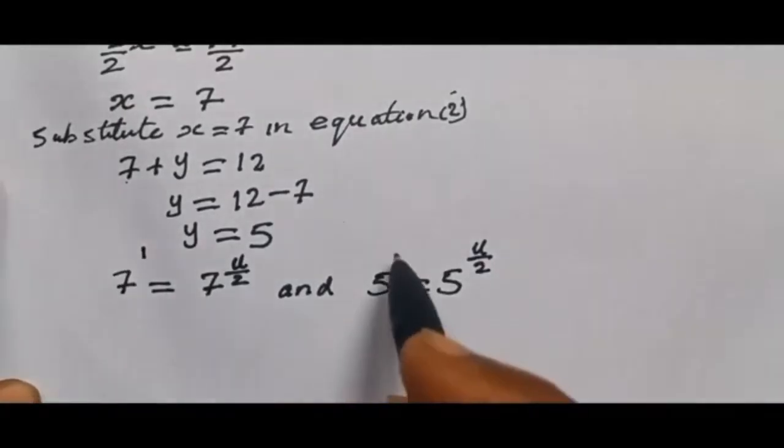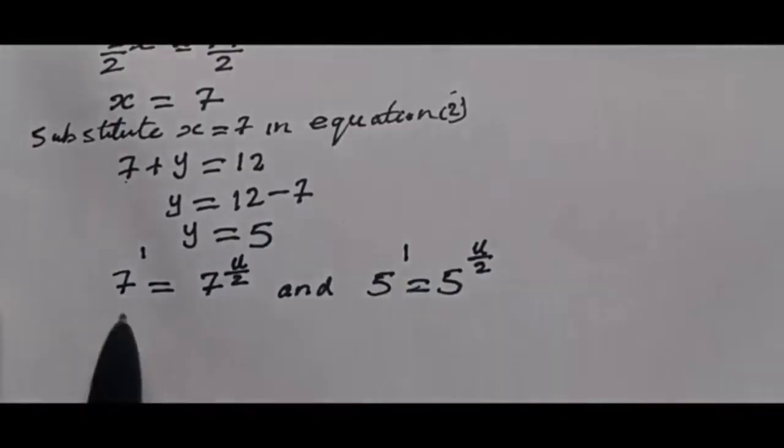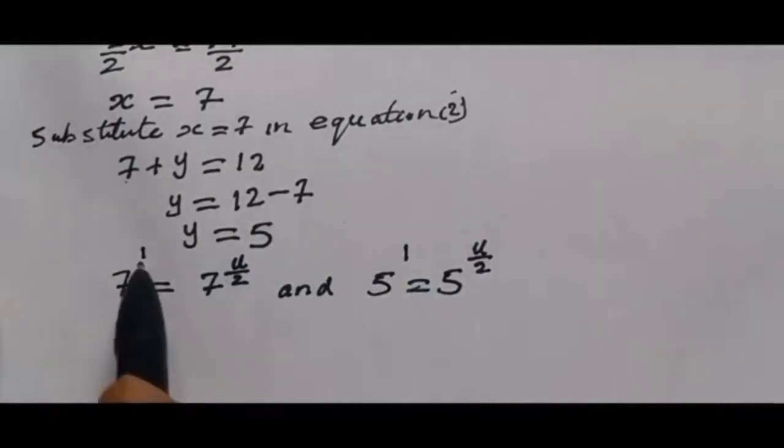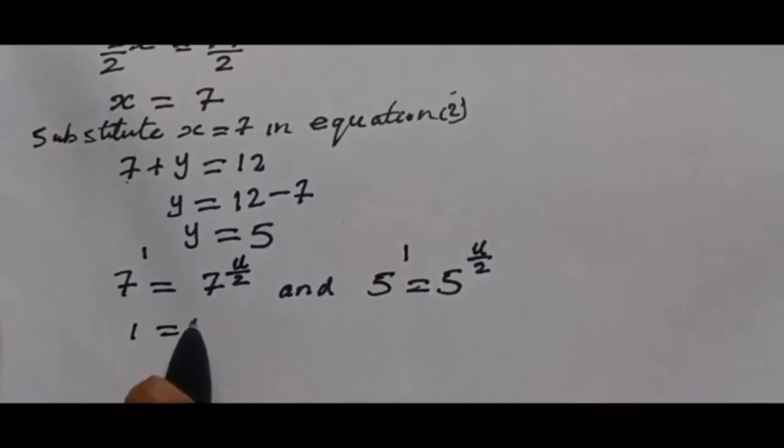Put power 1 here and power 1 here. As you can see, they have the same base. So compare the exponents. So we have 1 equals u over 2.